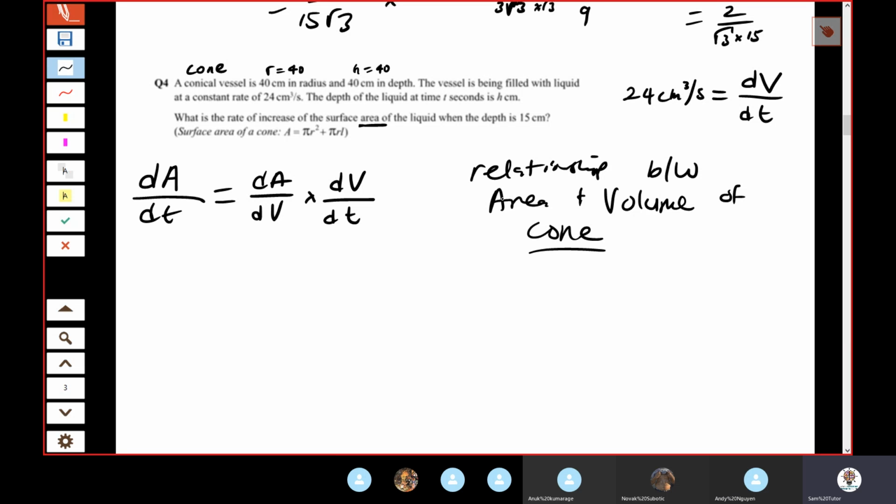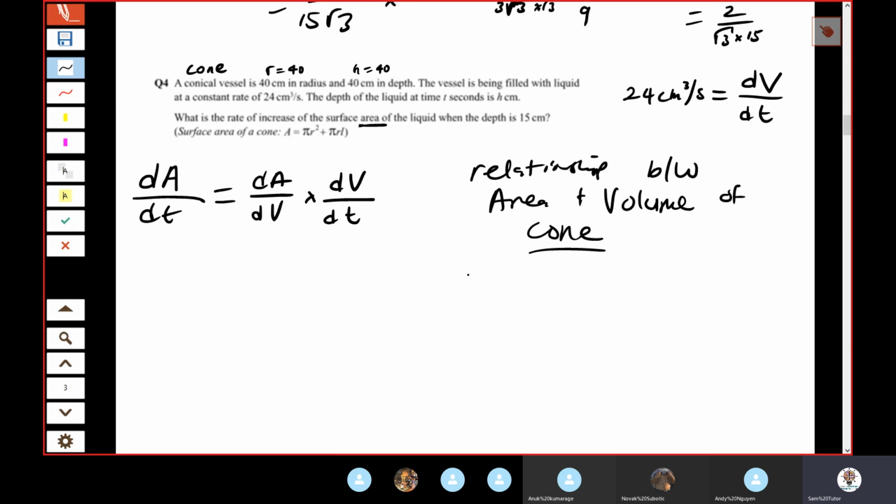V equals a third pi r squared h, you mean. But do we have a relationship between them? Is there a way that you could write area equals, I don't know, a third V? Is there a way that we could write A equals something with V's?